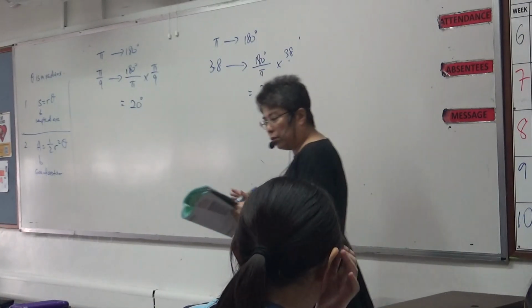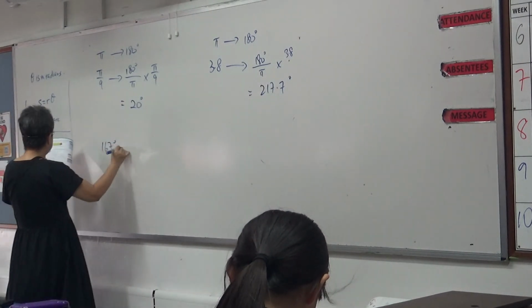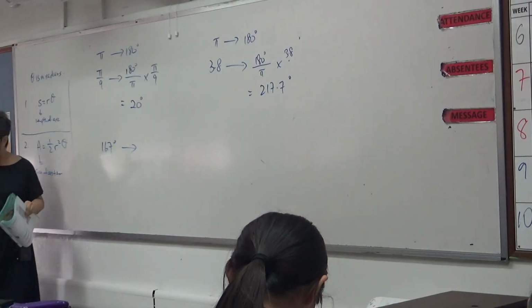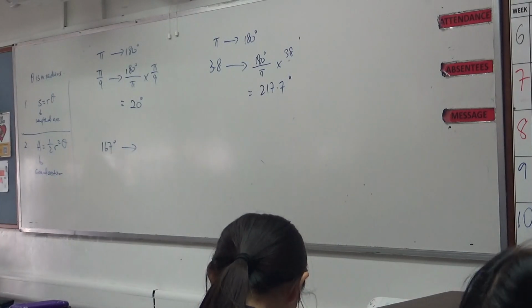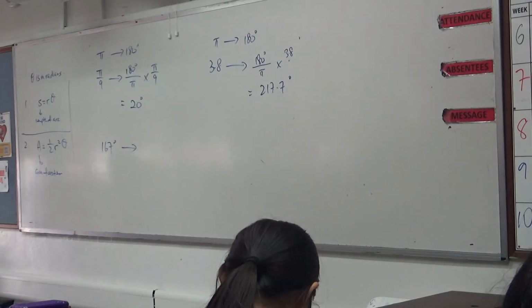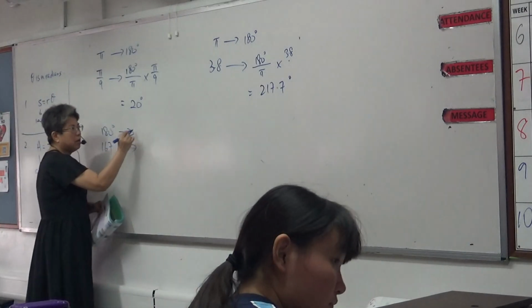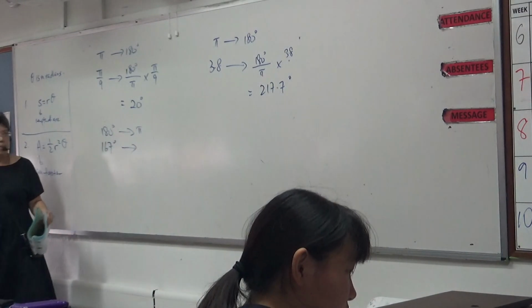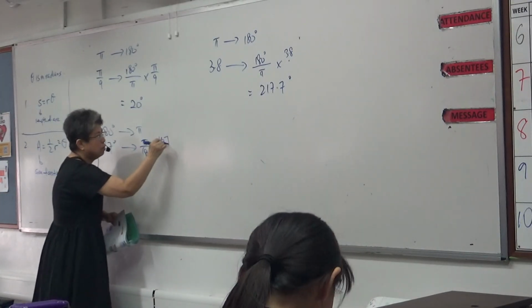So next one, part B, they want to convert 167 degrees to radians. Now this one must write the other way already. Because in O level, there was one that only asked you to convert at 1 mark already. So the 1 mark you must take. So this one I will have to write 180 corresponds to pi. So how to find this? Pi over 180 times 167.